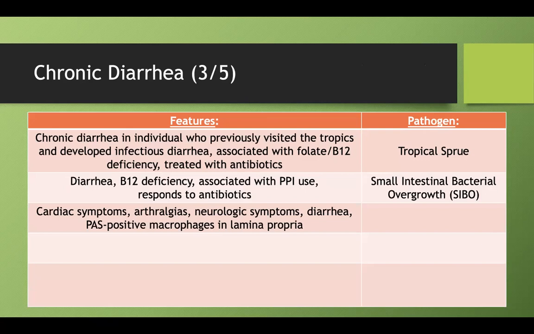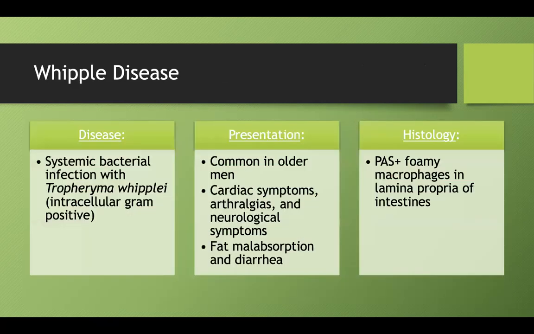How about if somebody had cardiac symptoms, joint pains, neurologic symptoms, diarrhea, and then if you actually did a biopsy, you'd find PAS positive macrophages in the lamina propria. Now we're describing Whipple disease. My favorite mnemonic for Whipple disease is the can of whip PAS.